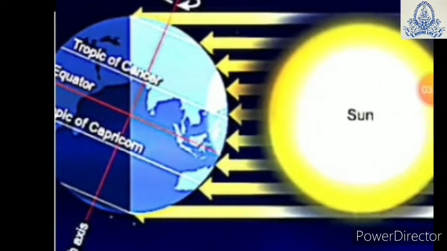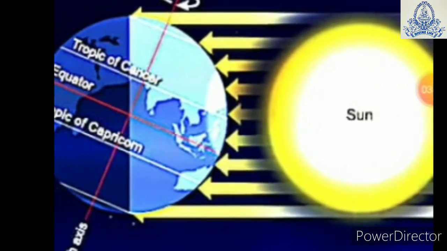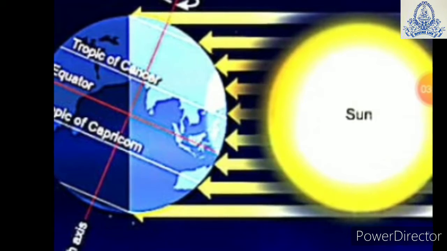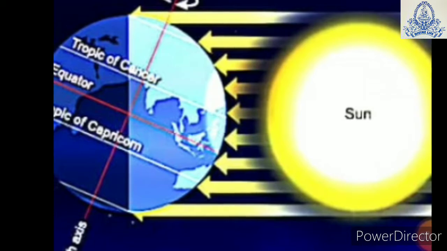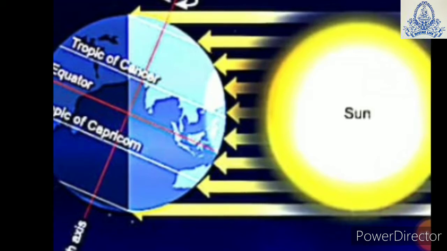Understand? So what happens is, the area where more sunlight is received, the day becomes longer, and the area where less sunlight is received has a shorter day.